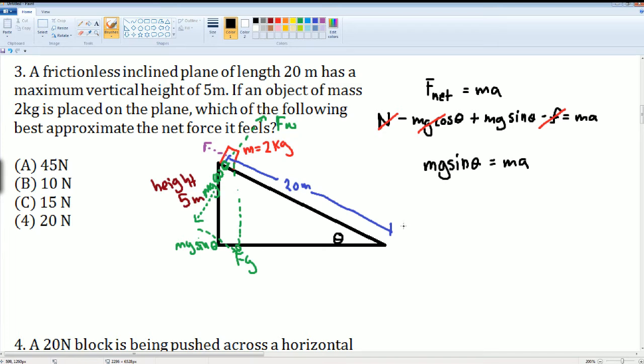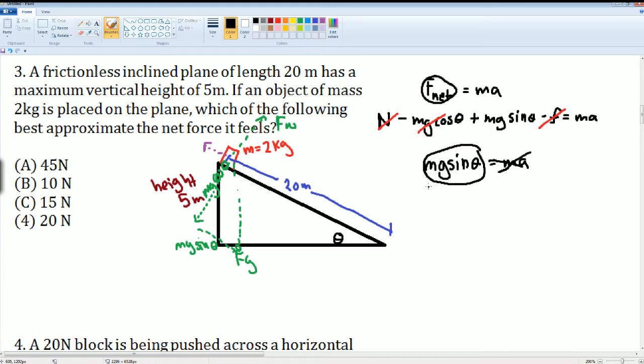So what you need to determine here is which of the following best approximates the net force. So you want to look at the net force here. That's what they're looking for, force net. So the force net in this scenario is just this. So you're not even looking at ma, you're looking at F net. This is the only F net here. So you need mass, gravity, and sine of theta.